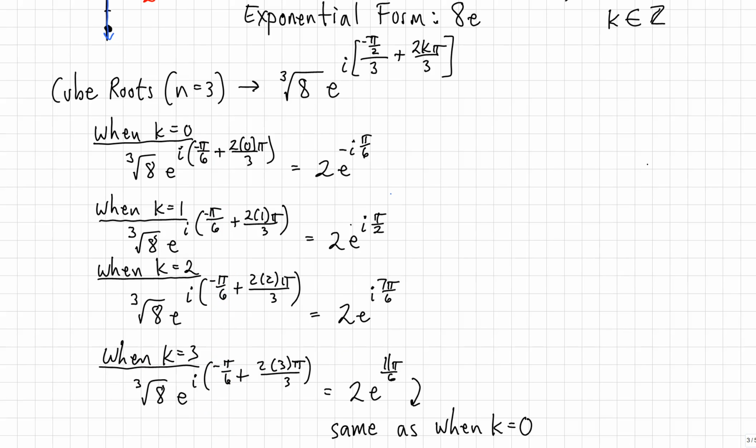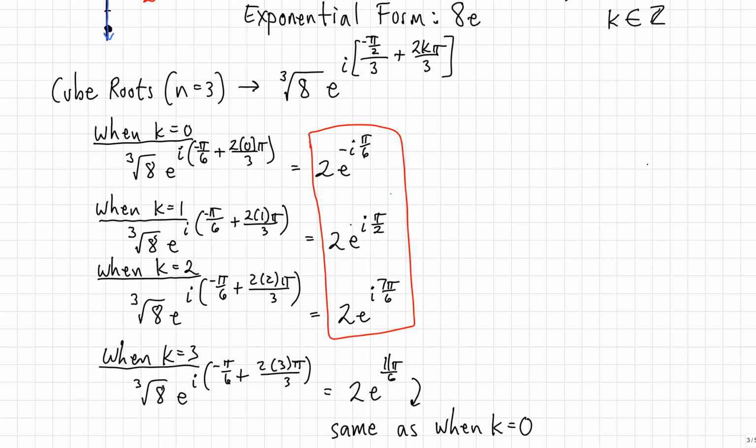If we did k equals negative 1, negative 2, again, we would just get equivalent repeat answers. So we've got the 3 that we need. All right, so there's our 3 cube roots. Here they are in all their glory, right here. So those are our cube roots.